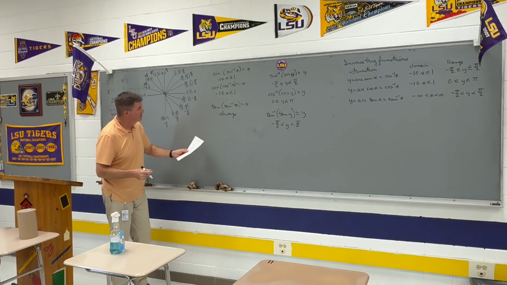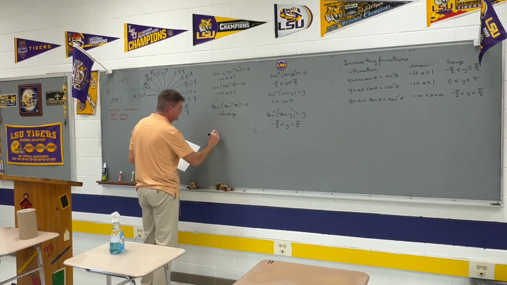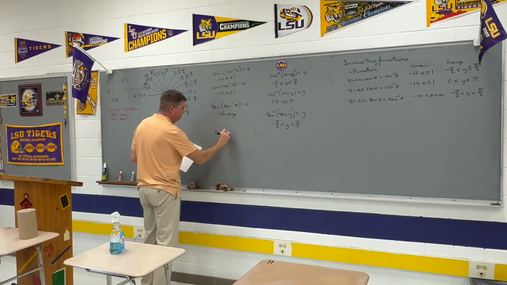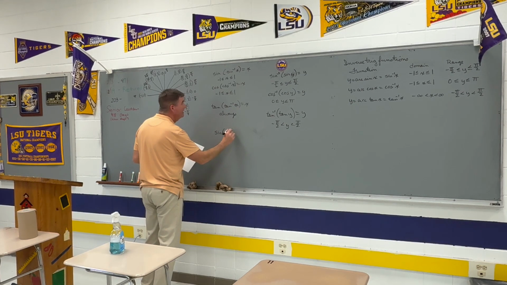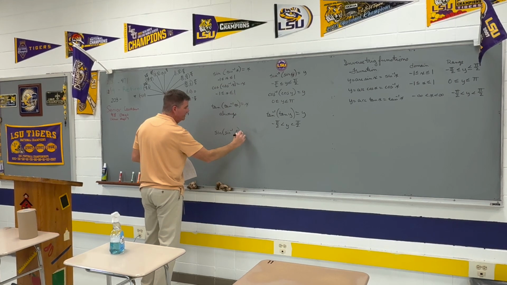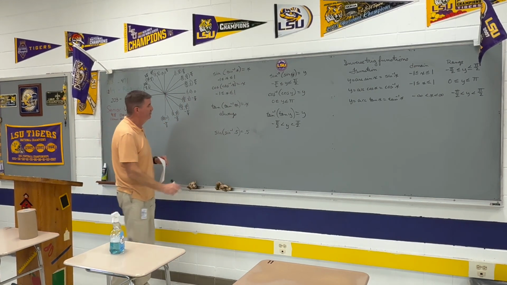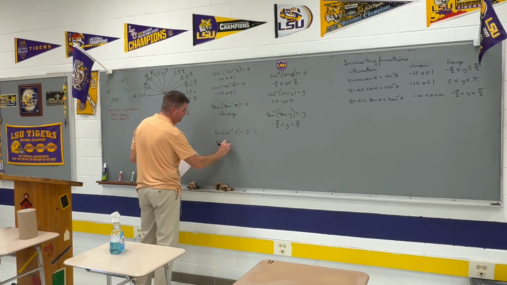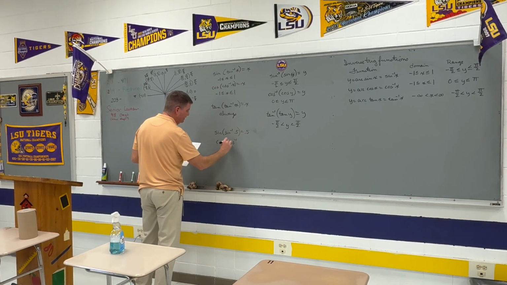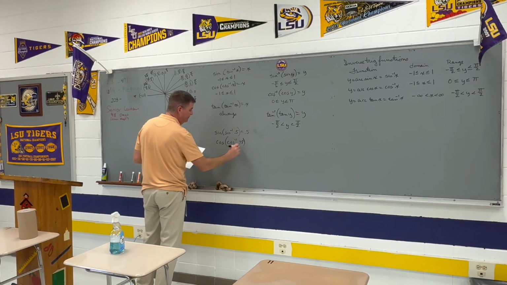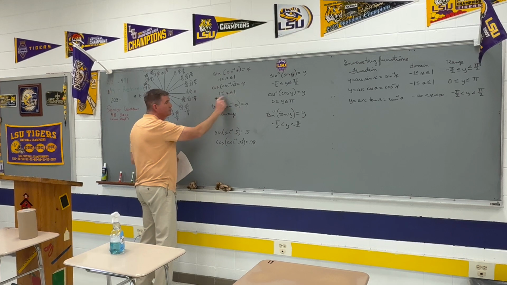So, in a nutshell, if I ask the sine of the inverse sine of anything in between here, for instance 0.5, then the answer would just be 0.5. If it's the cosine of the inverse cosine of anything that's within, so 0.75, then the answer is 0.75, as long as it's within.